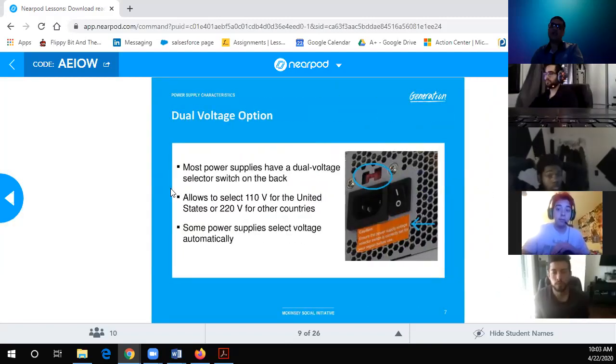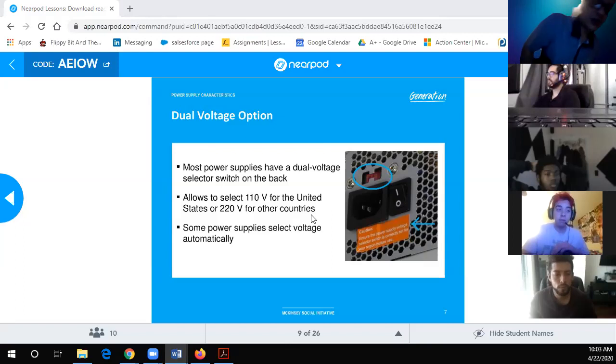Now, dual voltage option. For those customers that did buy the one that's not very, very cheap and only with one voltage, they have the little dip switch, which allows them to take advantage of both the United States and other countries. A lot of these manufacturers started doing this because they also got sick and tired of the cost to make US PCs or 110 PCs versus 220.